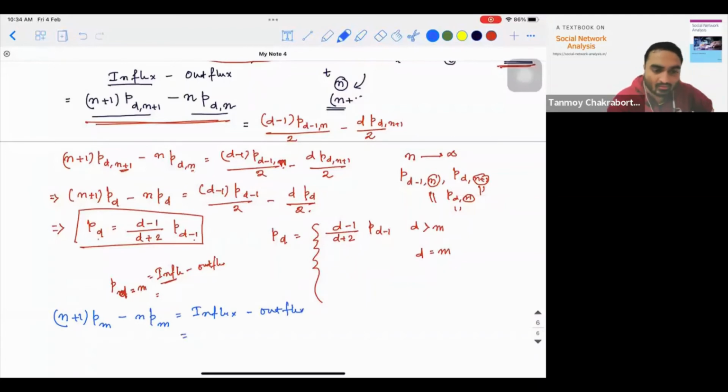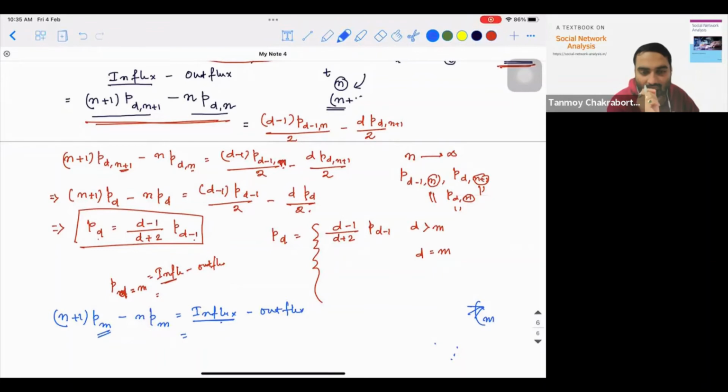So what would happen? This is very important. When a particular node with m number of edges is arriving, there are some already existing nodes, N number of nodes. And remember, we assume that every time a node enters, it will have a degree m. So how many nodes will have degree m? Because we are interested in PM, the number of nodes with degree m at this time.